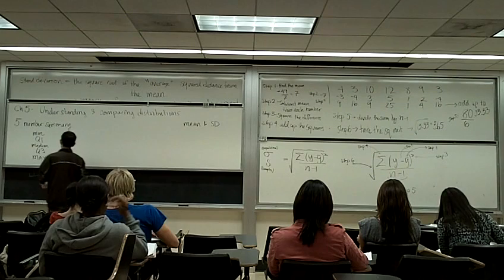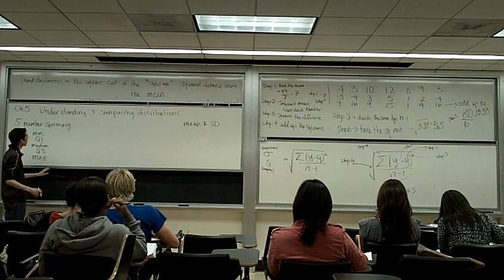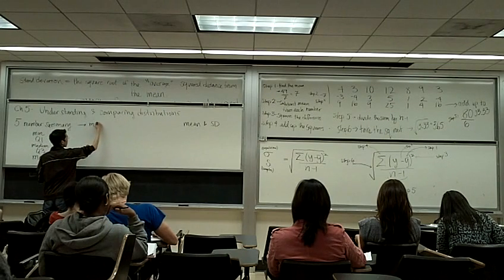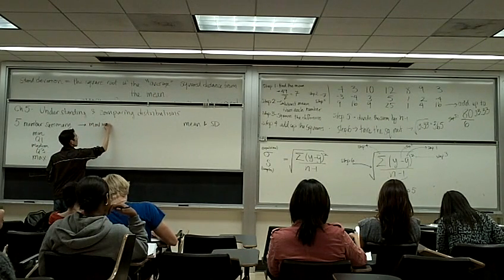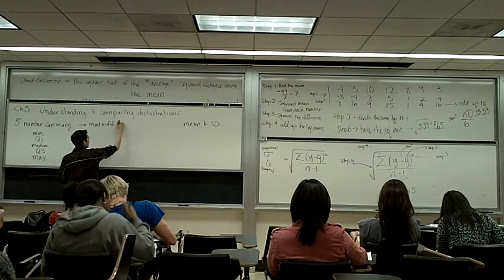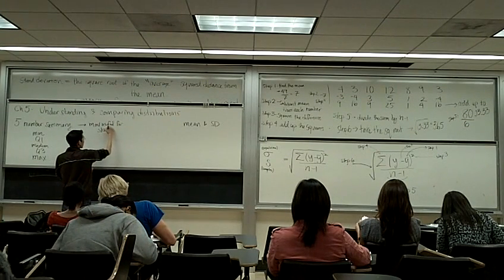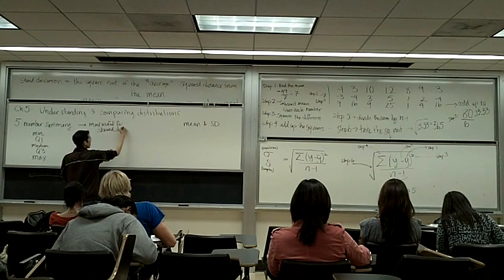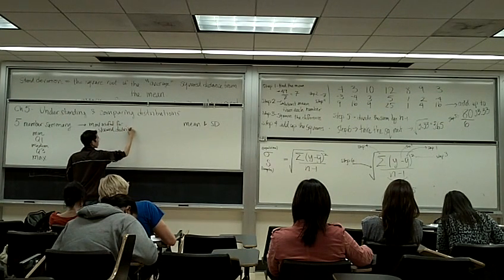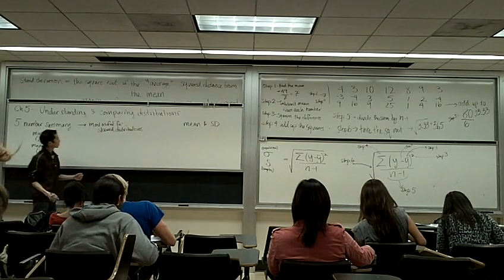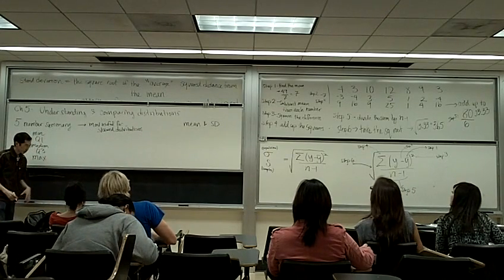And so the 5-number summary is most useful for skewed distributions.